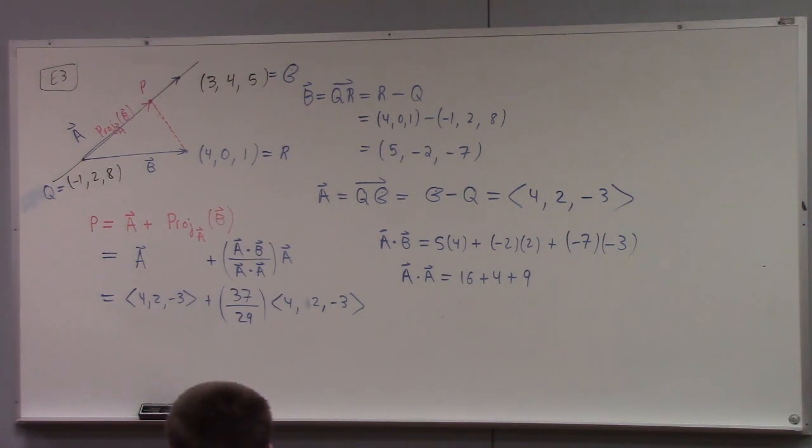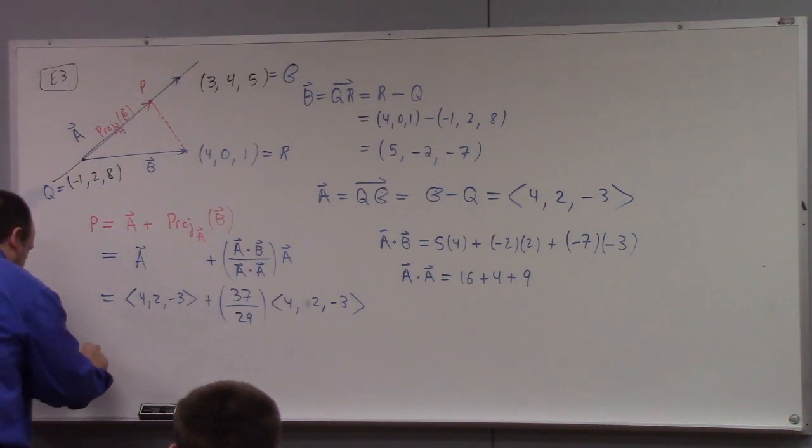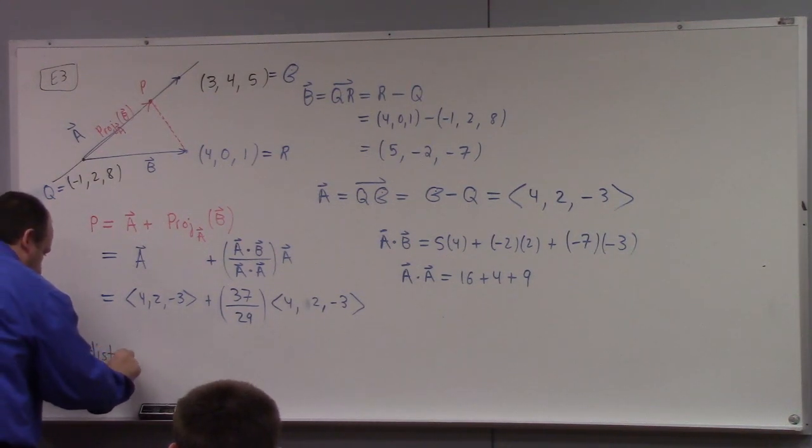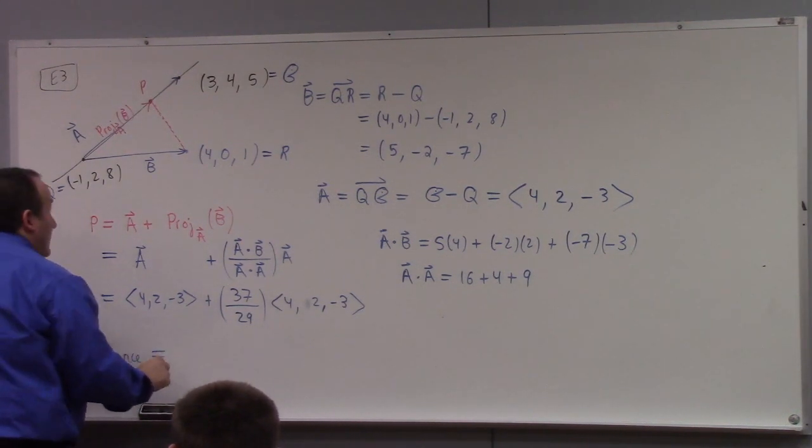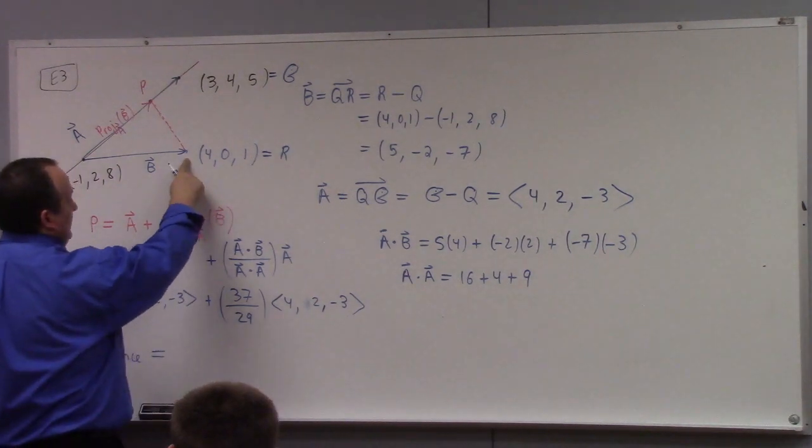Now, does that answer the question? What's the distance from the point to the line? It does not, right? So then, how do you answer the question actually? The distance would be, I called this point R, right?